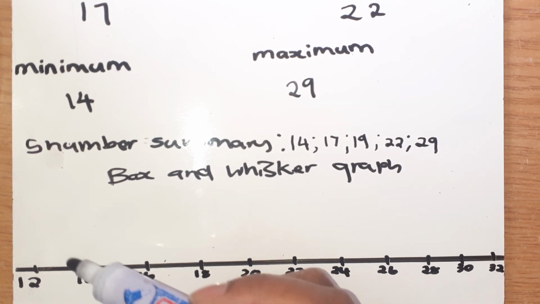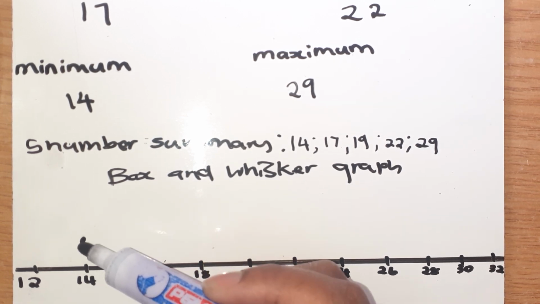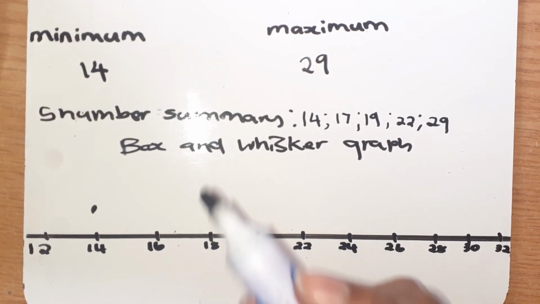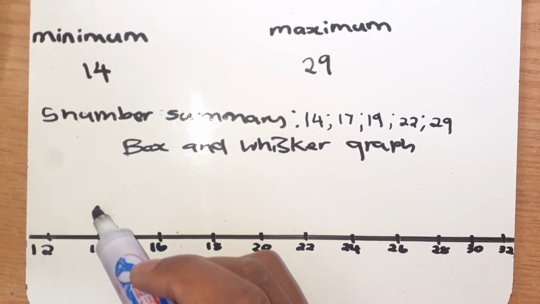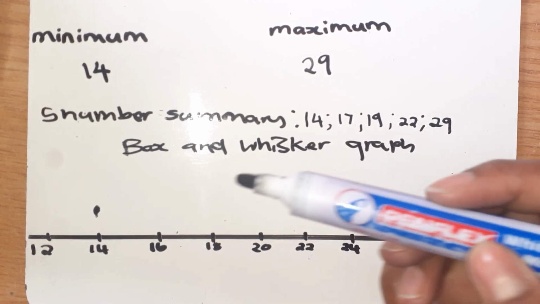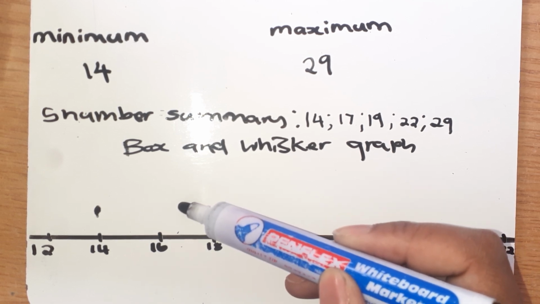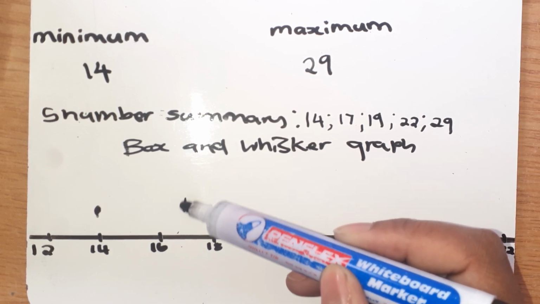So now let's try to draw the box and whisker graph. The minimum is here at 14, and then the next one is 17, which is the lower quartile. So 17 is between 16 and 18, somewhere here.